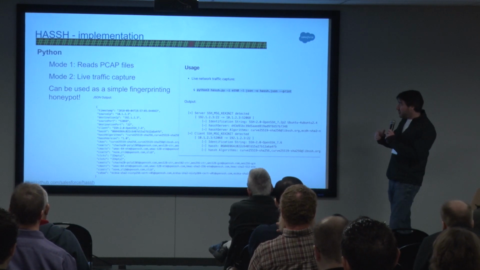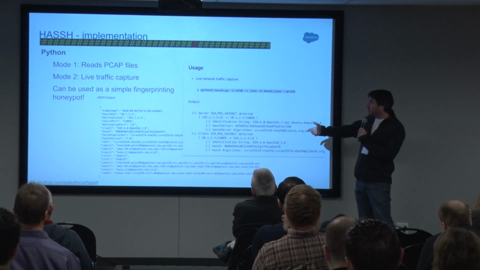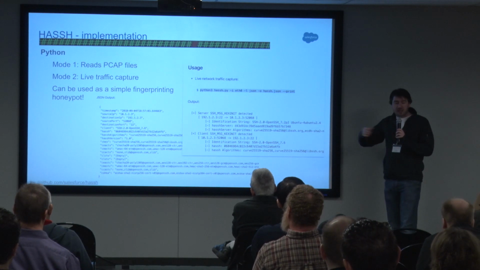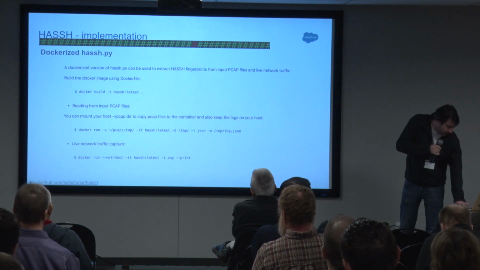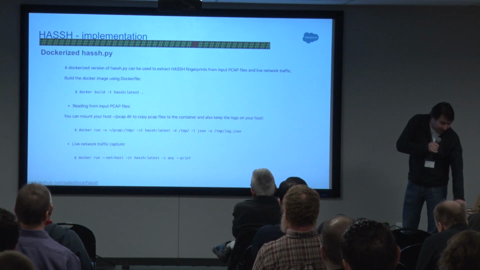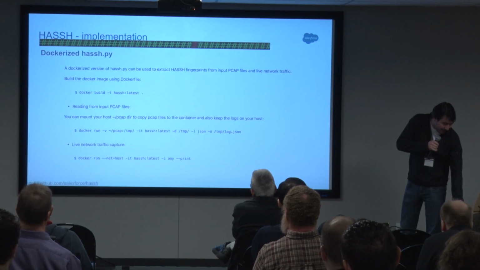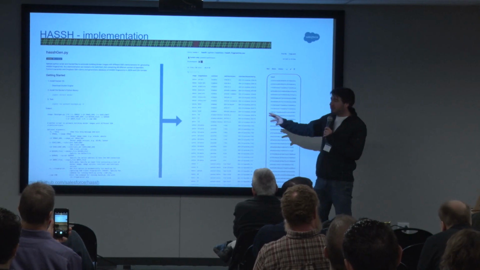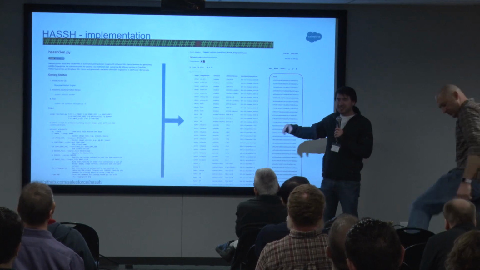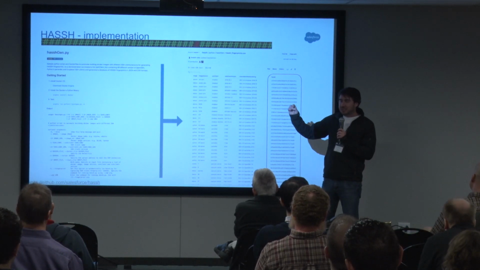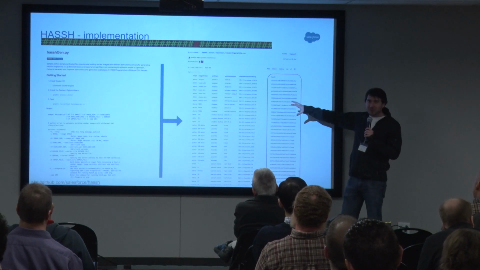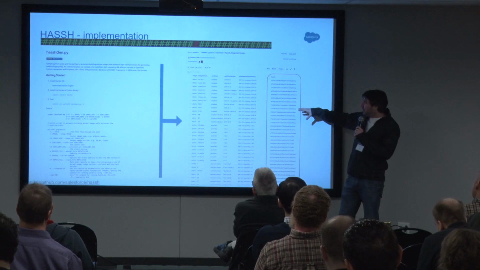So the Python module, if you're not running Bro, you can use the Python module, which can read PCAP files or listen to live traffic and output the hash values as well. He also wrote this amazing thing where he Dockerized HASSH and made it load up different versions of SSH clients over and over and automatically spit out PCAPs and then build an automatic list of hash to client values.